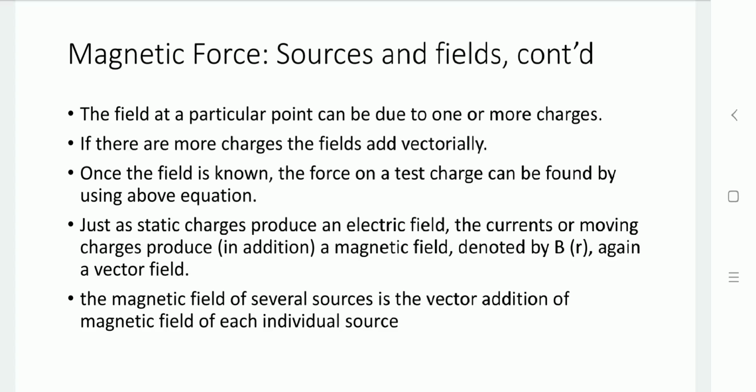These two fields are perpendicular to each other, and the magnetic field is denoted as B of r, a vector field. The magnetic field of several sources is the vector addition of the magnetic fields of each individual source, as per the superposition principle.